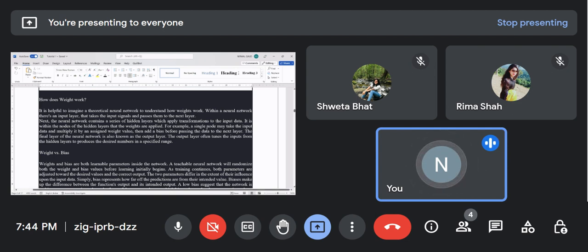For example, a single node takes input data, multiplies it with the assigned weight and then adds bias before passing the data to the next layer. Before passing the data to the next layer, this is the activity being performed on the input with respect to the weight and the bias. This process continues within all the hidden layers, and then finally whatever the result is comes to the output layer.